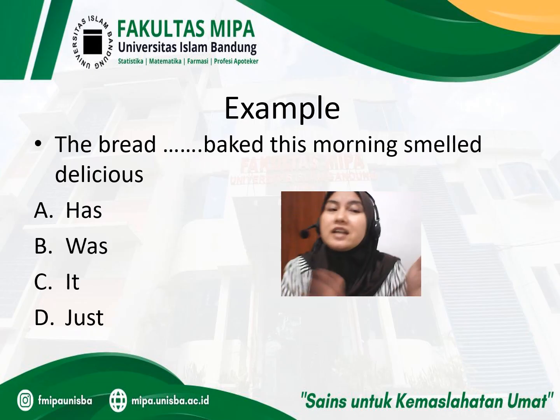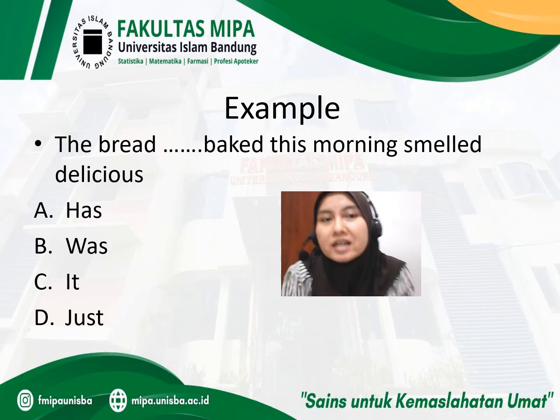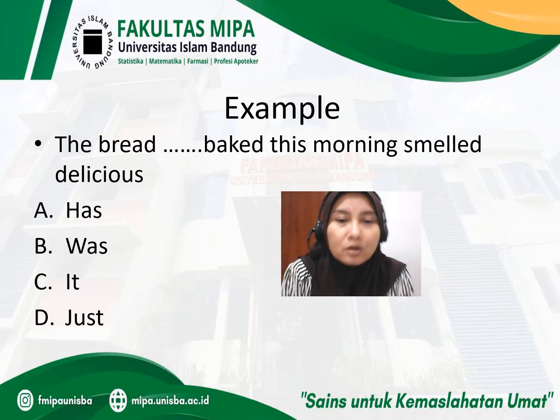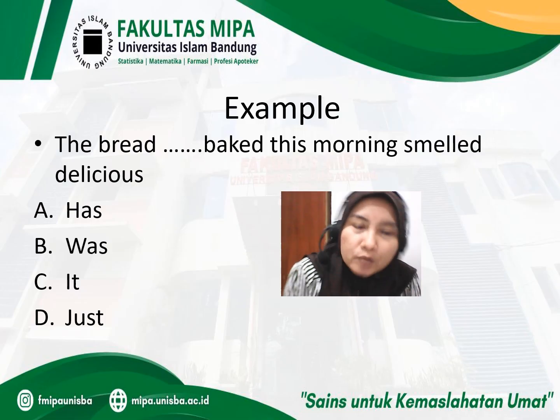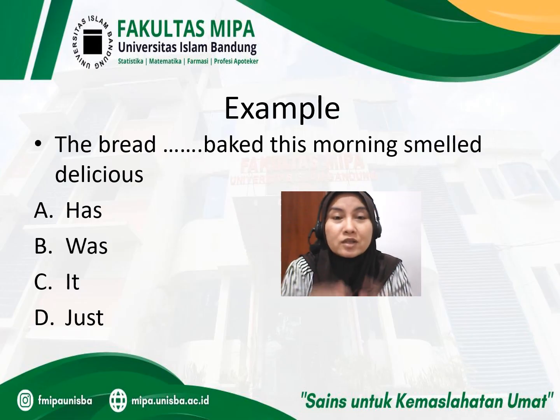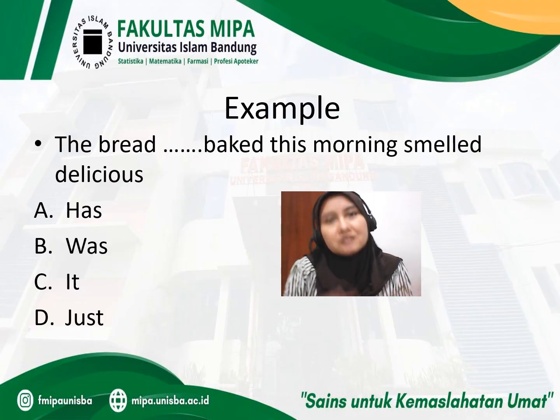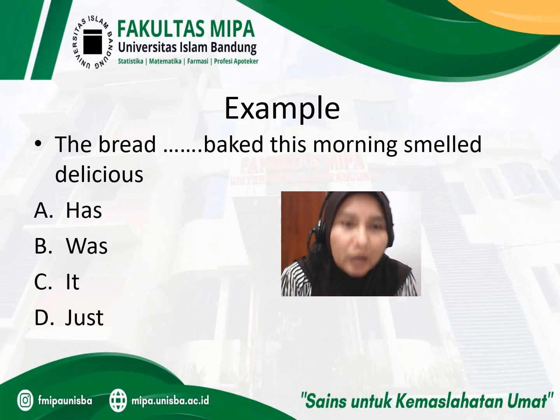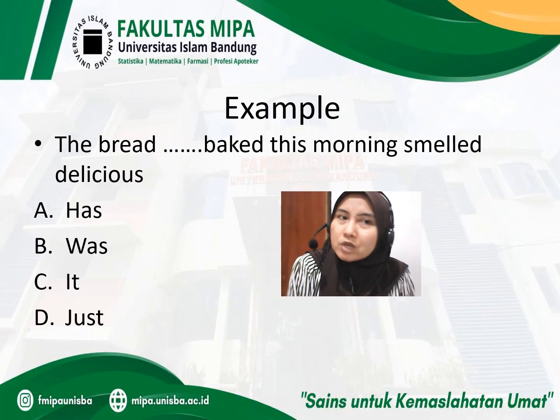So we already have a subject, we already have a verb in the sentence. So we don't need any more subject, we don't need any more verb. So the baked in the sentence is actually a past participle used as an adjective that gives more information about the bread. So we don't need any subject, we don't need any verb.